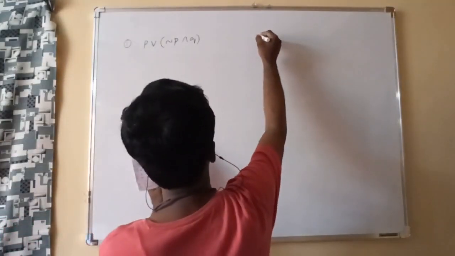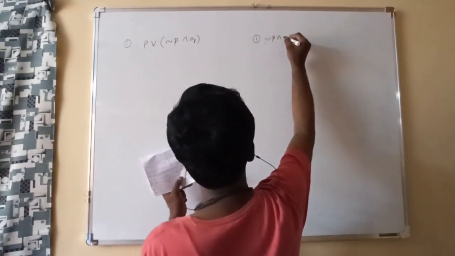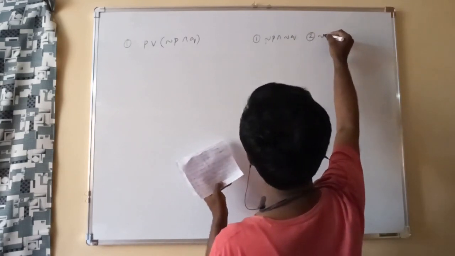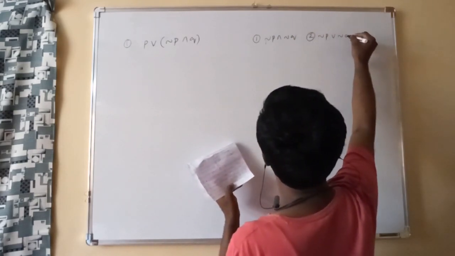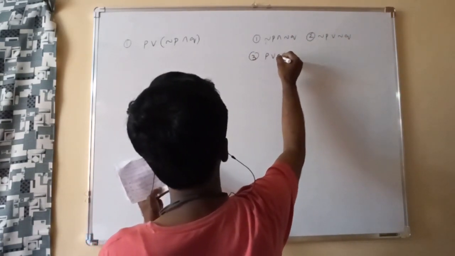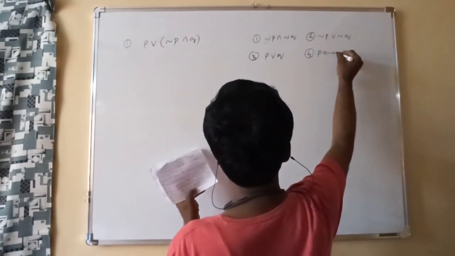Options are given like this. First option, ¬P ∧ ¬Q. Second option, ¬P ∨ ¬Q. Third option, P ∨ Q. The last option, P biconditional Q.